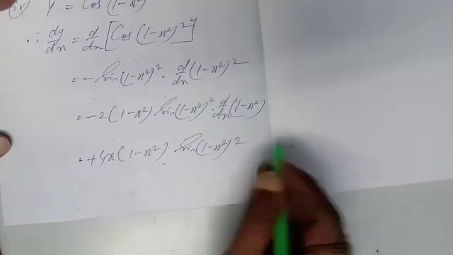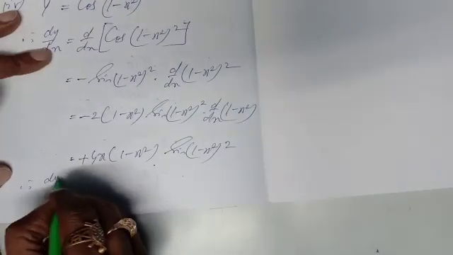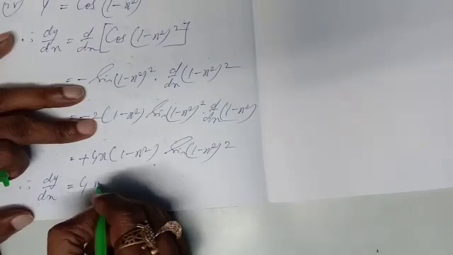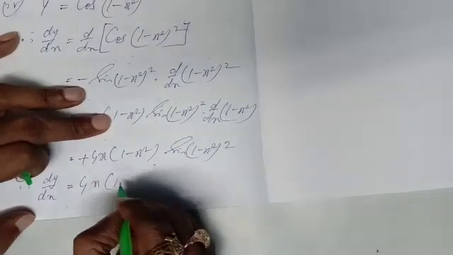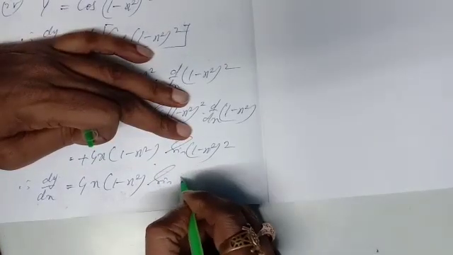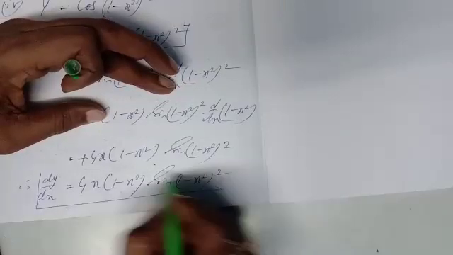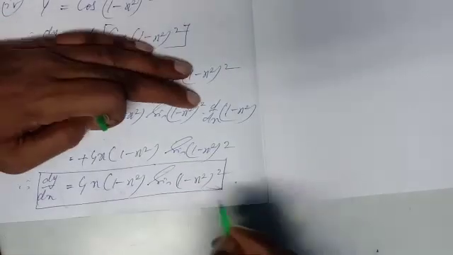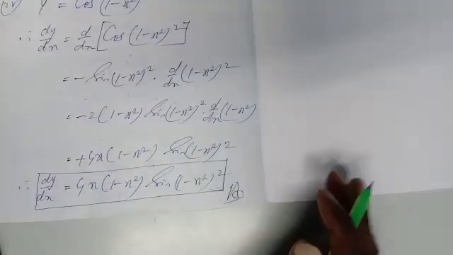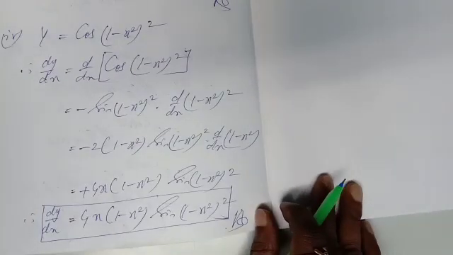The final answer is right. Therefore dy/dx is equal to 4x (1 minus x square) into sine of (1 minus x square) whole square. This is the answer. In this way I have completed 4 questions of the Differentiation chapter from exercise 6.5.